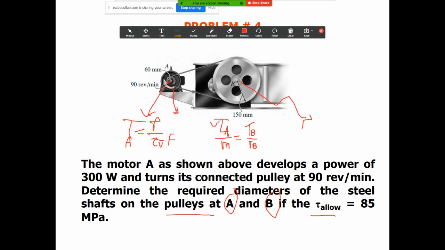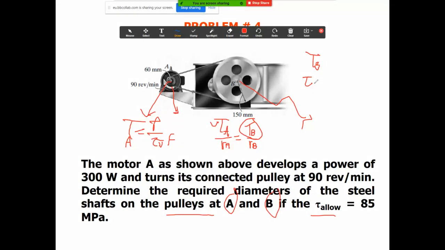If you know the TA from here, and you know the radius of the pulley, which is already given to you here, which is 60, and you know the radius of the big pulley, I can find easily what will be the torque that will be applied here.